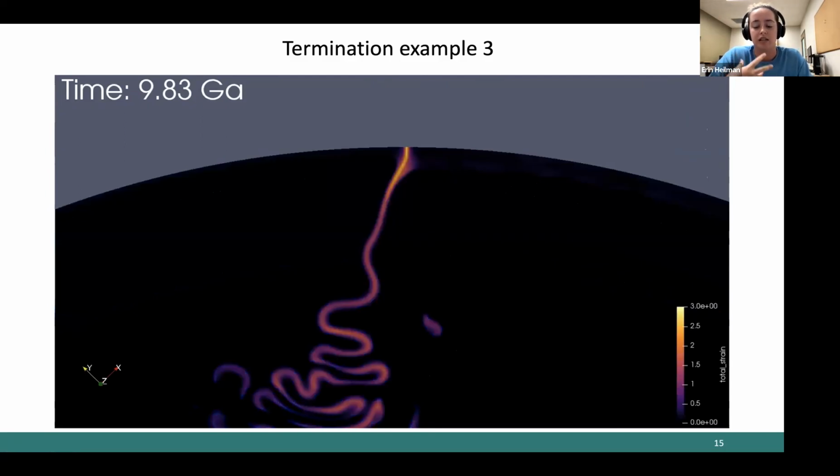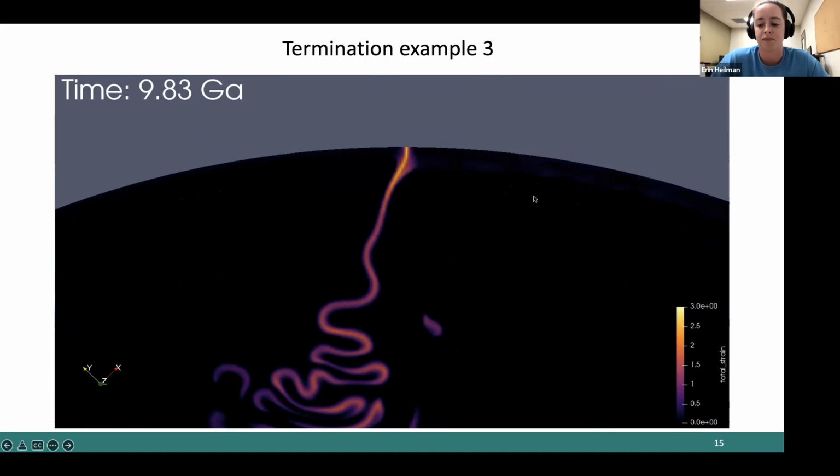And this is what it looks like in the total accumulated strain, which is showing essentially the damage in the model. So you have the most damage accumulated in sort of the top of that subducting slab. And then if you look lower down in the mantle, there's essentially less damage because of the heat component to our strain healing.